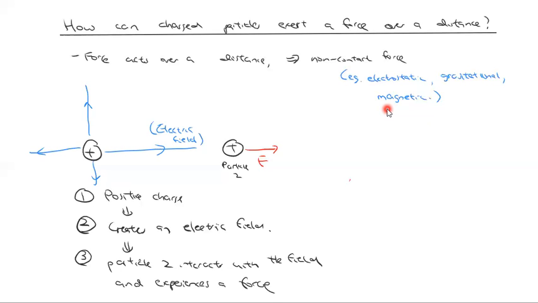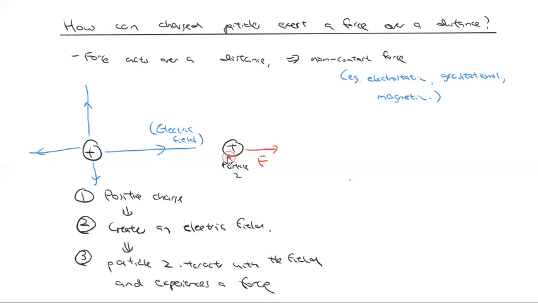So anytime we talk about a non-contact force, the way we're describing it now is you've got a particle that's charged. It can create an electric field that I've just drawn like this for the moment. And this electric field will just kind of go in all directions.